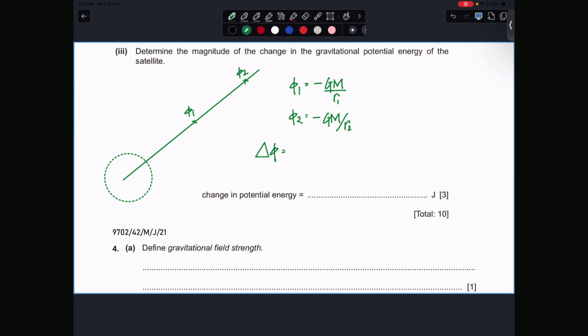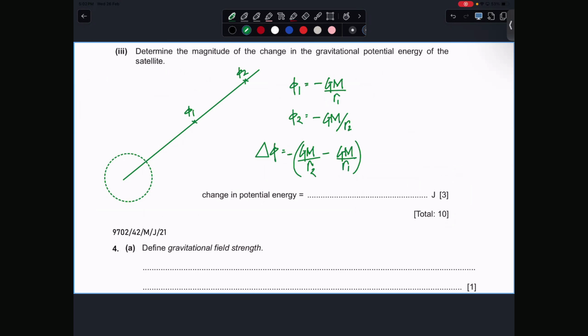Do you do with sign or without sign? Bigger one, and right. So you could do like GM by r2 minus GM by r1, আর ব্র্যাকেটে কি হবে minus. ঠিক আছে, এটা r2 is the higher value, so phi is the smaller value.